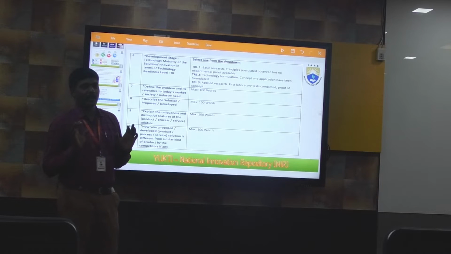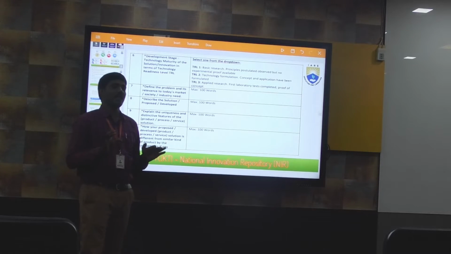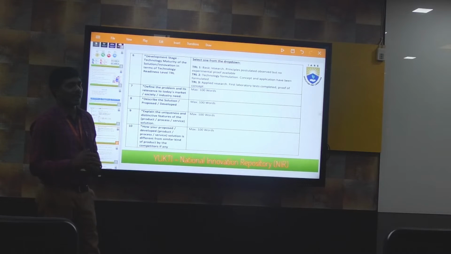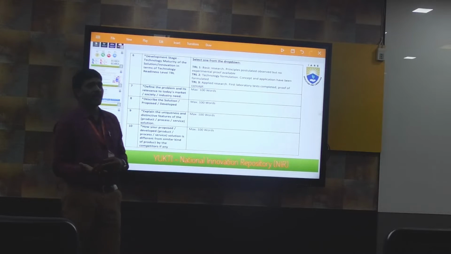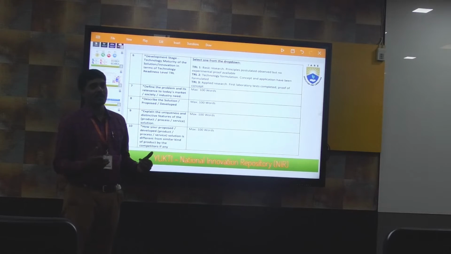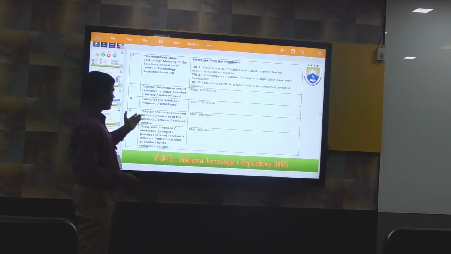When they have that understanding, then only they can define the uniqueness in their innovation. Without conducting basic research, if one enters into making a prototype or a product, they do not know what problem they are solving or what uniqueness there is. Once they are able to carry out the problem research, then only they can answer all these things.